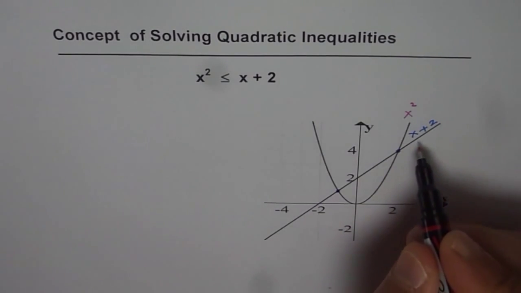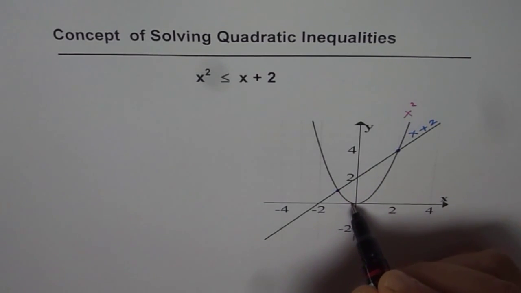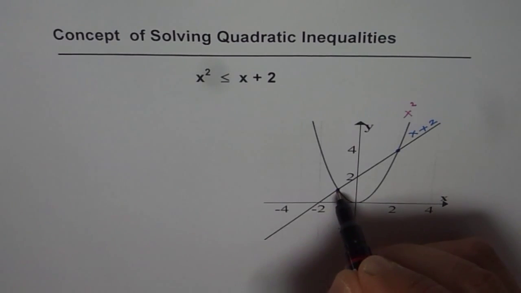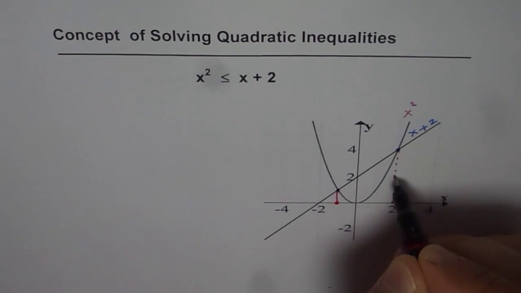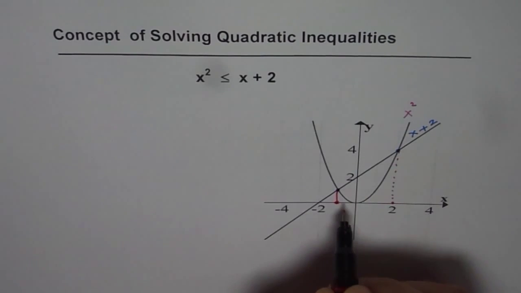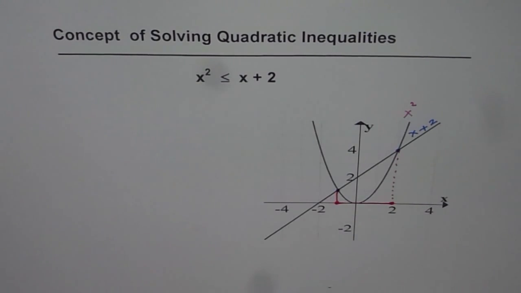So what we see here is, as this is our line, the parabola in this interval is actually less than the line, and therefore the solution is from here to here, right? If we drop a perpendicular from here to here, we get that from this point, which seems to be minus 1 to 2. So that seems to be part of the solution for the given inequality.